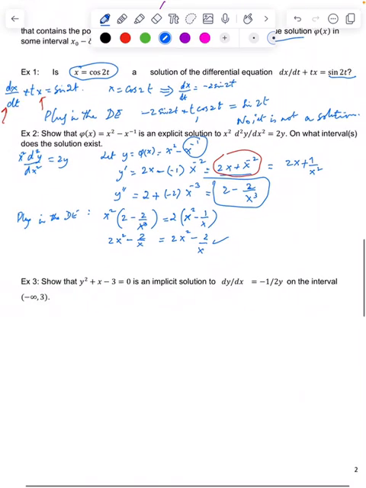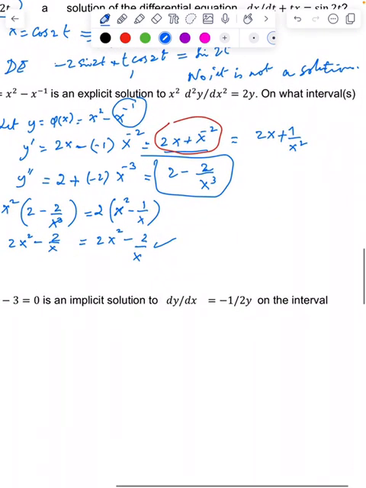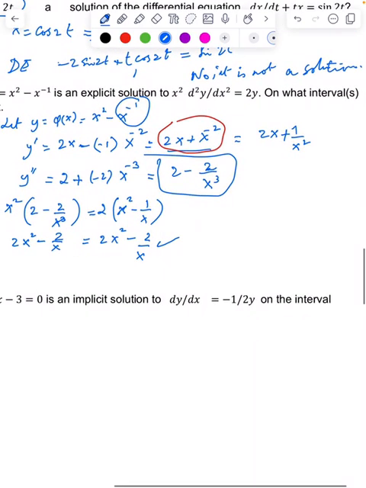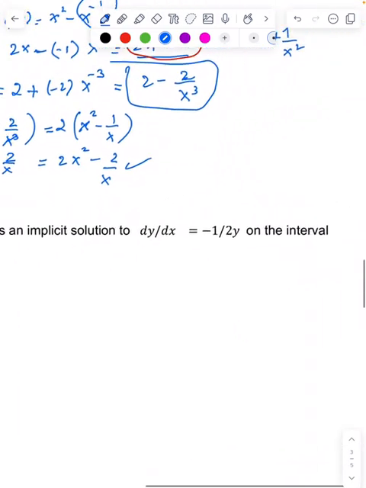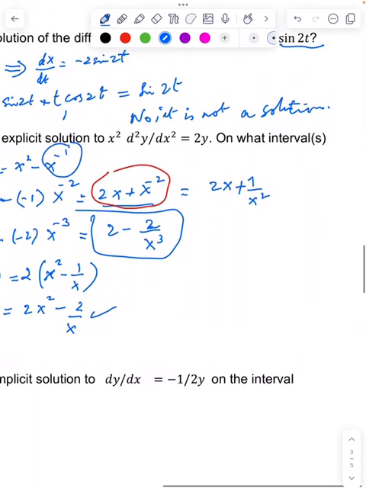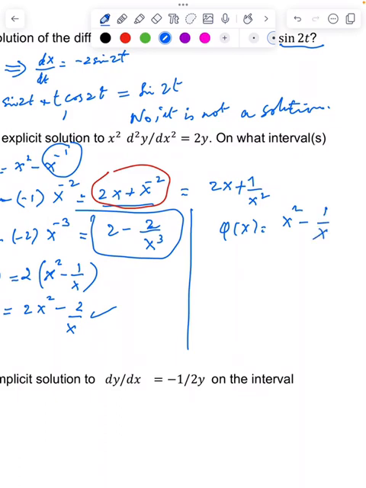What about the intervals? On what interval is this solution? So for the interval, look at our solution. Our solution is x squared, oh sorry, it was minus, x squared minus 1 over x.